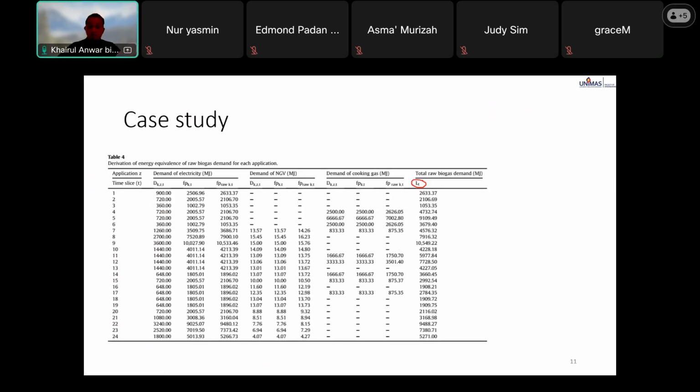FPKT is equal to section 3.2, step number 2, energy equivalent of total raw gas demand, energy equivalent of raw gas stock with different to level 3.